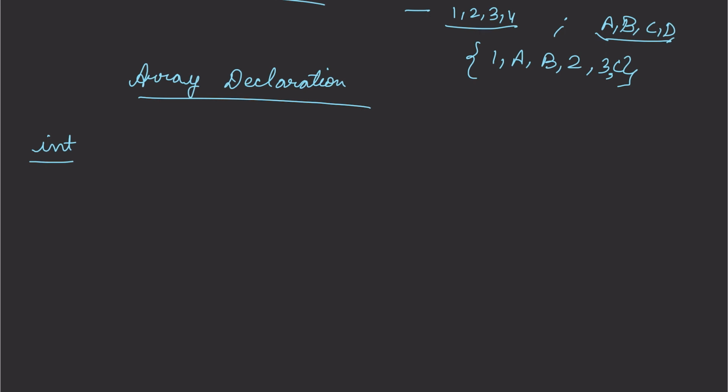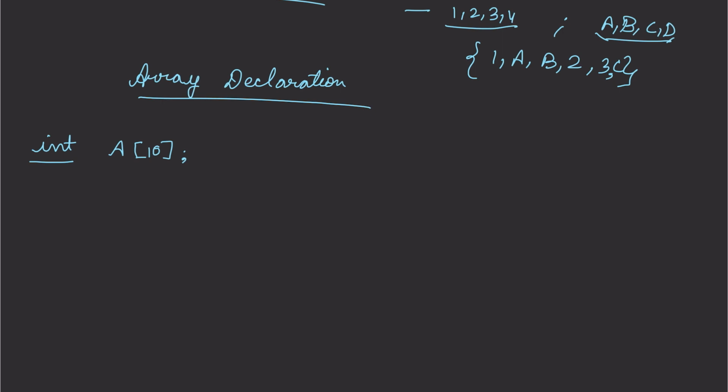Now give a space and write the name of the array. The rules for naming the array are the same as for an identifier. So let me consider I am naming it a. Then square brackets, and inside the brackets, the size of the array. Like I want to make an array of size 10, and now the semicolon. That's all.